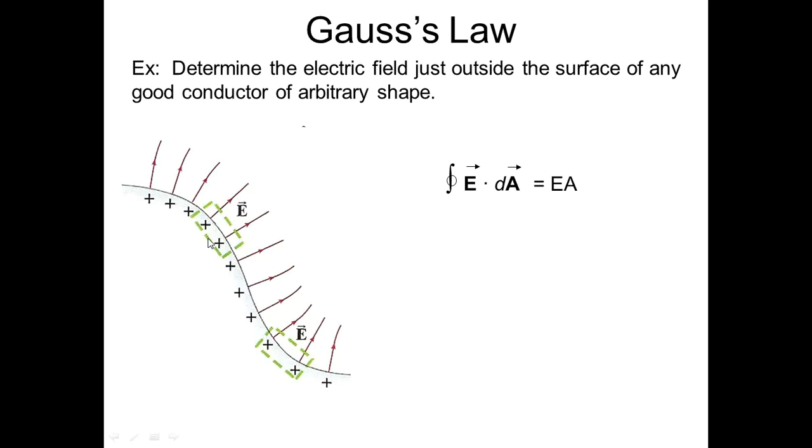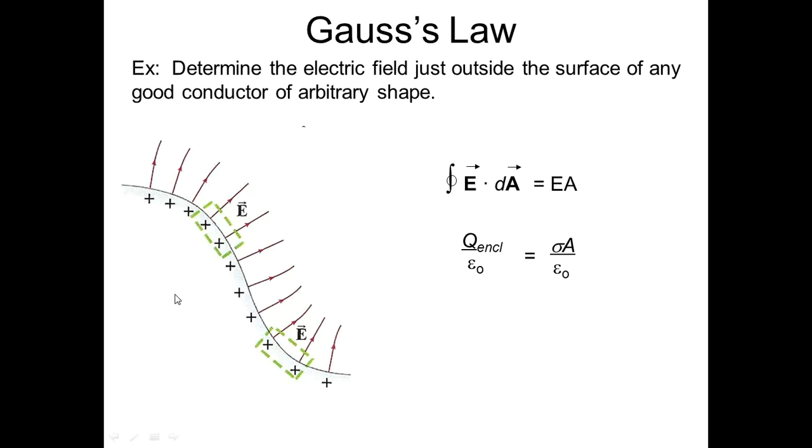And notice, unlike the last one, where we had an EA on the other side as well, here we only have one EA. Then the charge enclosed over epsilon naught would be equal to the EA. For this, you'd have some sigma, some charge per unit area.